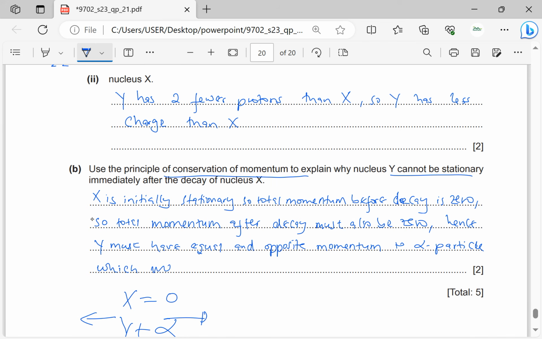Which means Y cannot be stationary, because to conserve momentum it should have an equal but opposite momentum to that of the alpha particle.